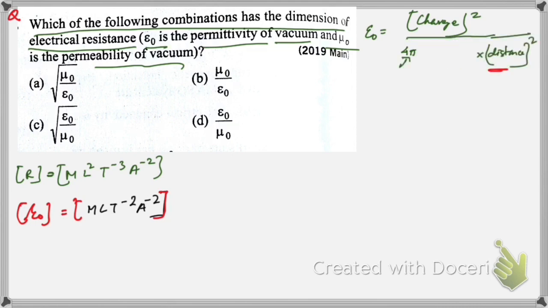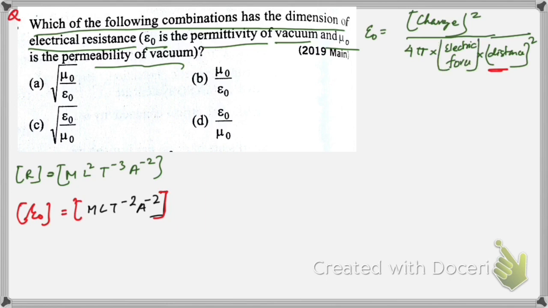Here it should be electric force actually, 4 pi electric force, not field. So electric force.